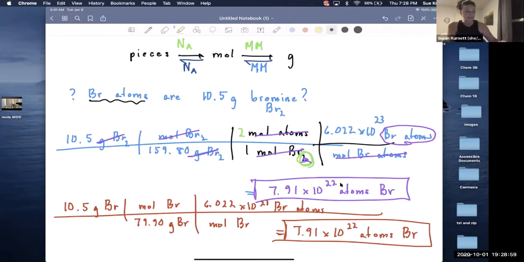So in this step here, where I had to double the molar mass, it's like on the top equation in blue, I'm dividing by 2.